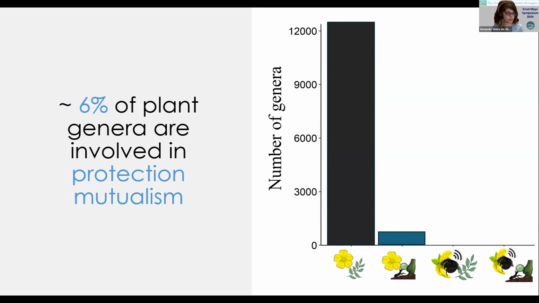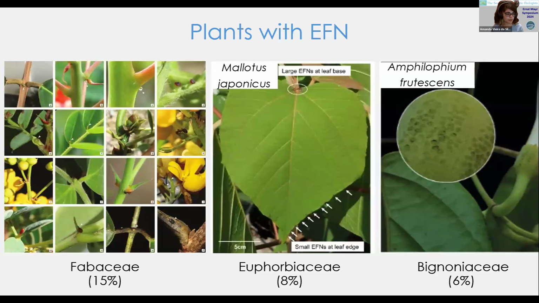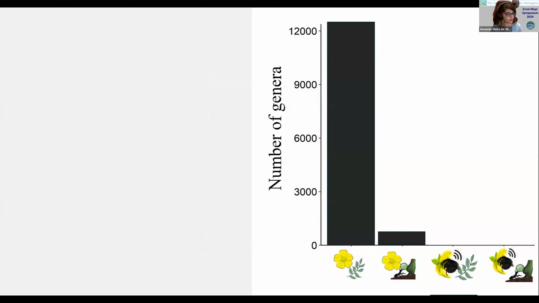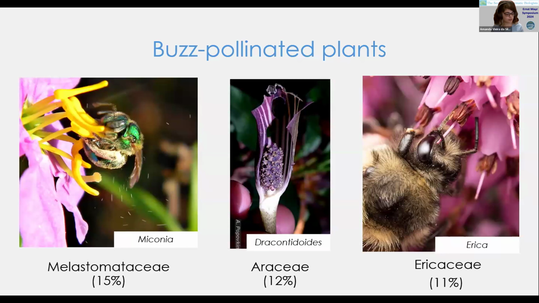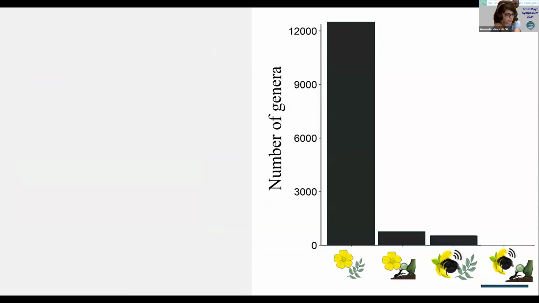Only 6% of all plant genera are involved in protection mutualisms with ants, most of them from the Fabaceae, Euphorbiaceae, and Bignoniaceae families. 5% of all plant genera are bee-pollinated plants, most of them Melastomataceae, Araceae, and Ericaceae.